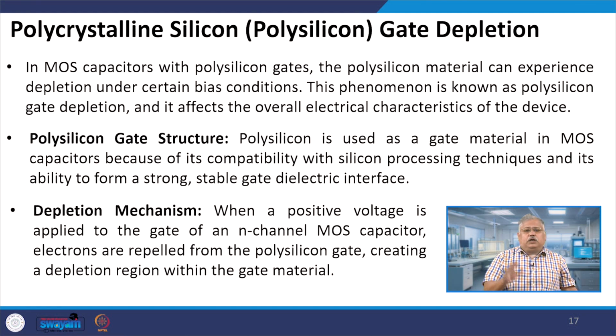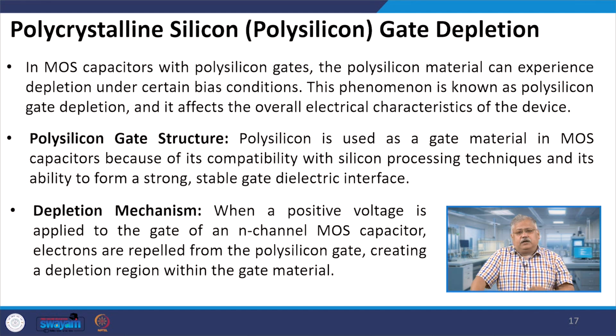Now, let me come to the polysilicon gate depletion, right. In a MOS capacitor, rather than having a metal gate, you can use polysilicon as the gate, because it is very much compatible with the silicon process technique, right, and you can have a very stable dielectric surface with the polysilicon.